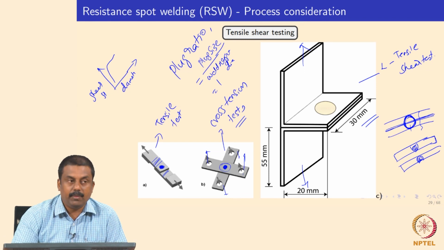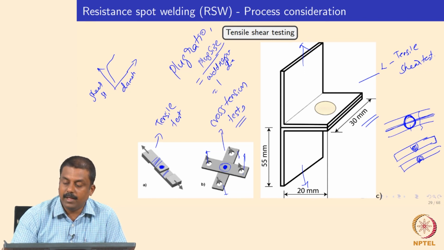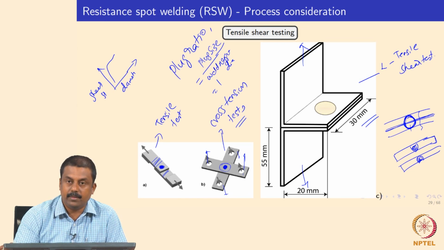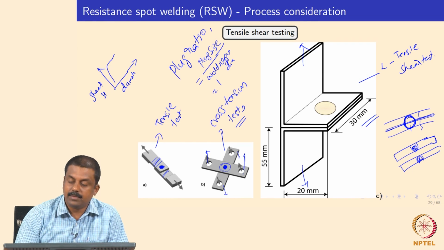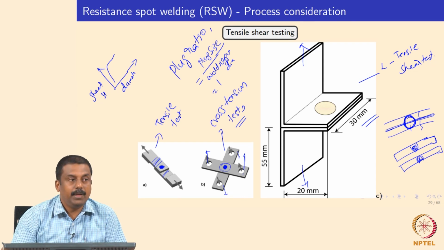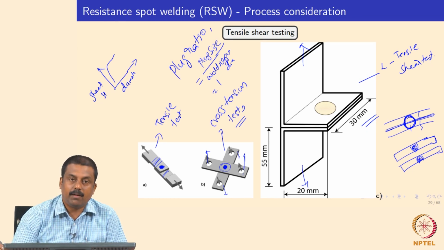In that case your material is so brittle after welding that it causes a complete failure of the interface during the cross tension test, and your plug ratio becomes 0. That is the most detrimental case, because your weld does not undergo any deformation, or does not survive your cross tension test, leading to a complete interface failure.